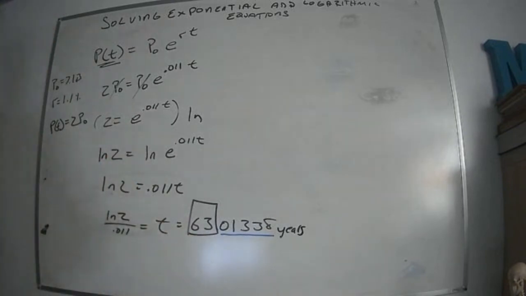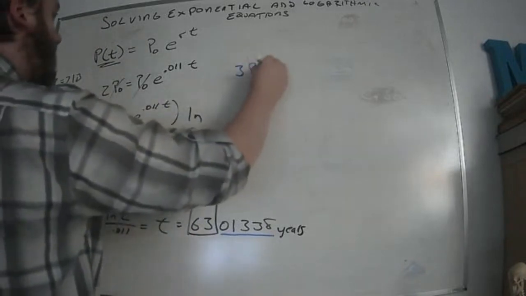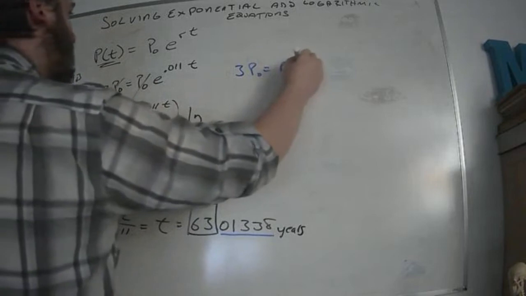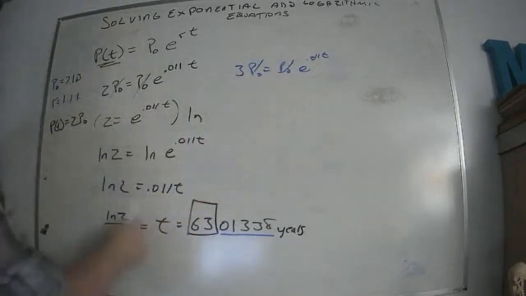I can do the exact same process to find the tripling time. So this is how long it takes the population to double. If I want the population to triple, I solve this problem the same way.